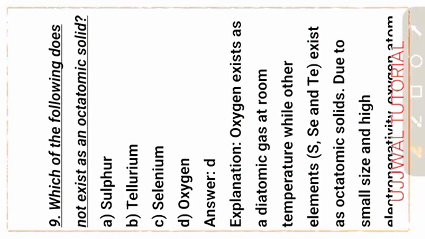Which of the following does not exist as an octaatomic solid? That is option D. To explain this part, oxygen exists as a diatomic gas at room temperature, while the other elements sulfur, selenium and tellurium exist as octaatomic solids.